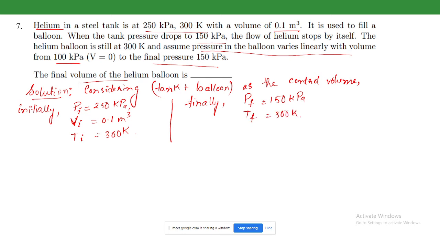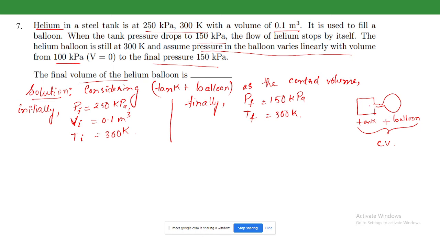Now see, when we are considering tank and volume, this is the tank, and this is the balloon. So when we are considering tank plus balloon as the control volume, what happens? The mass that is leaving the tank is entering the balloon, but no mass is leaving the control volume.